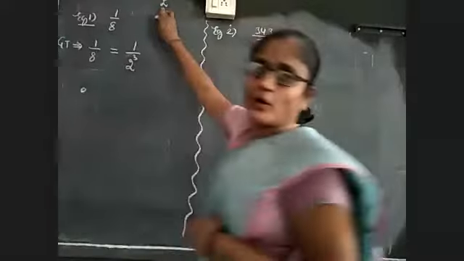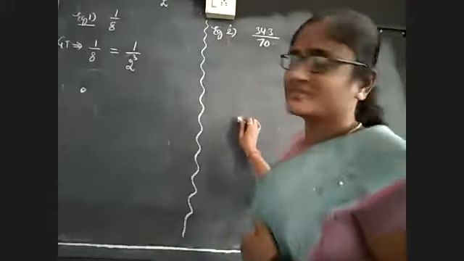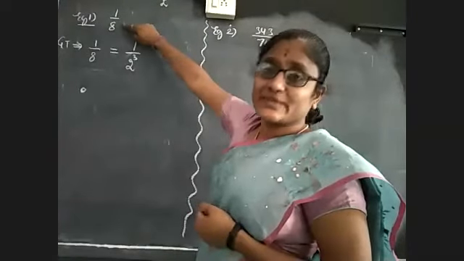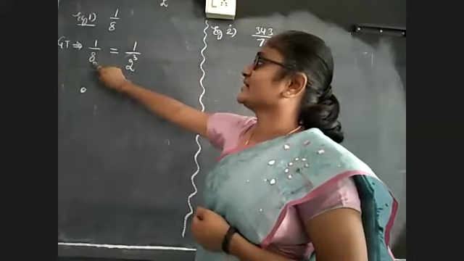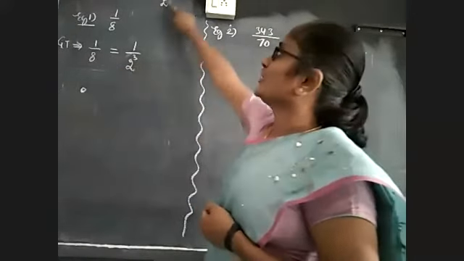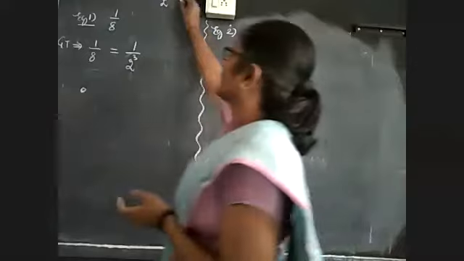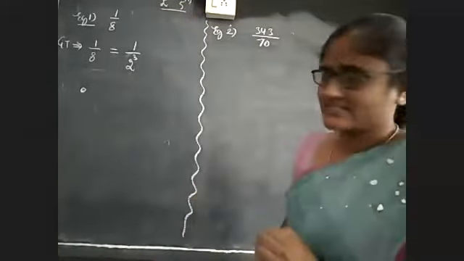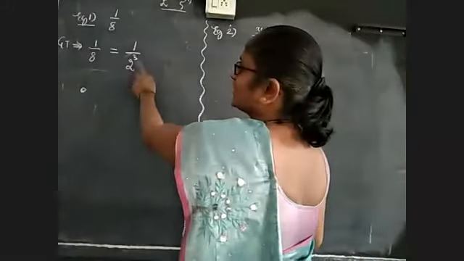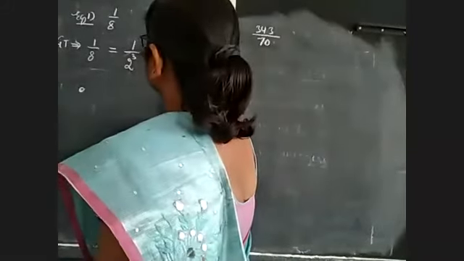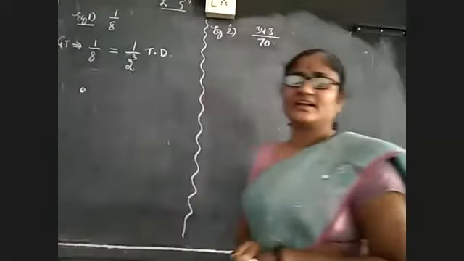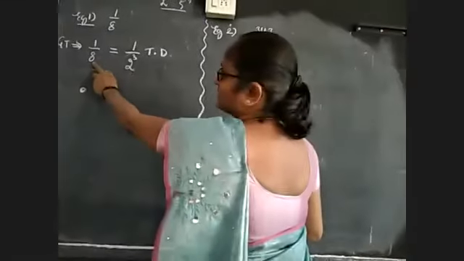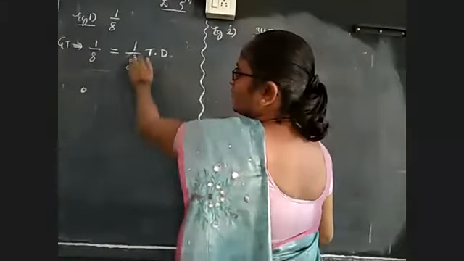As per our theorem, if the prime factorization of Q is purely in 2 powers, or purely in 5 powers, or both, the decimal is terminating. This is purely in 2 powers, so yes, this is a terminating decimal.